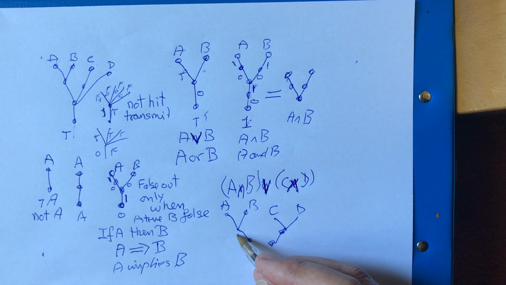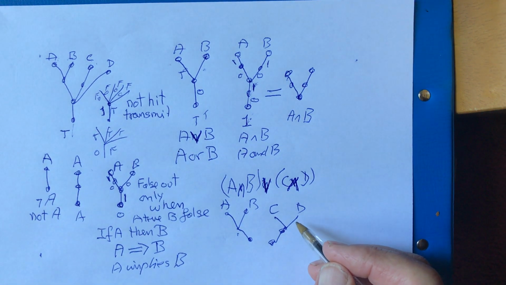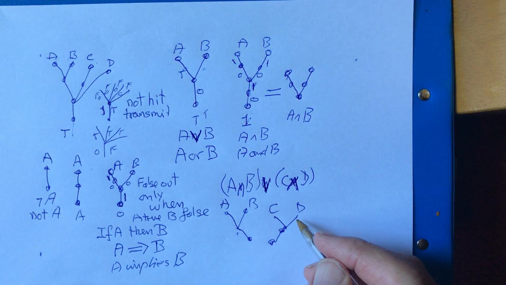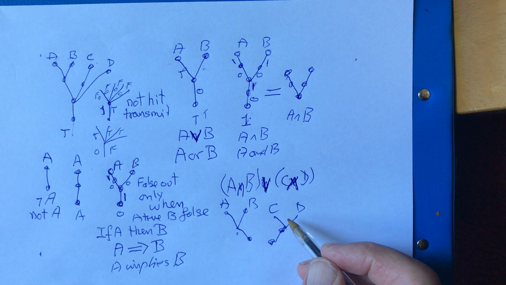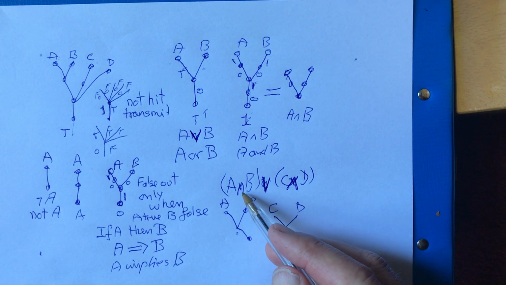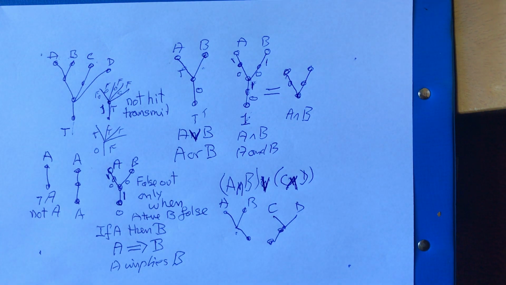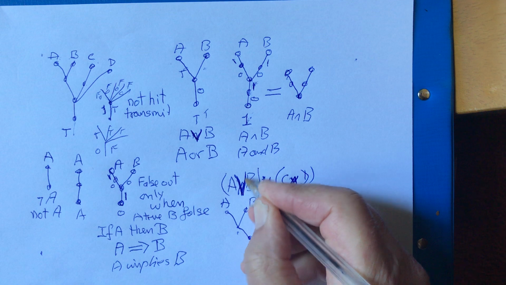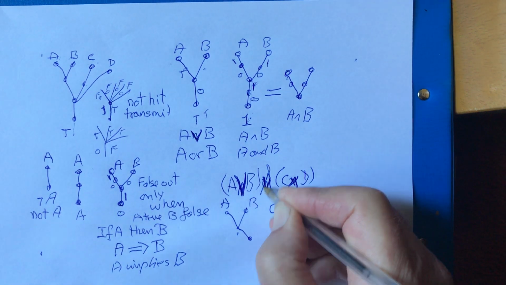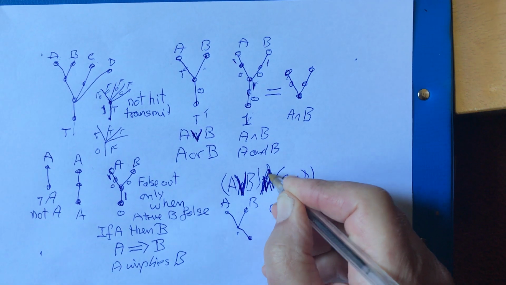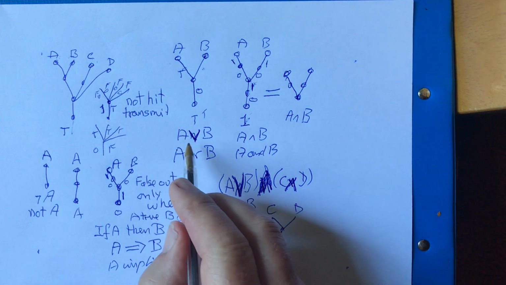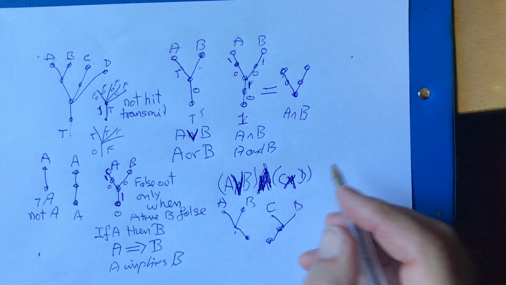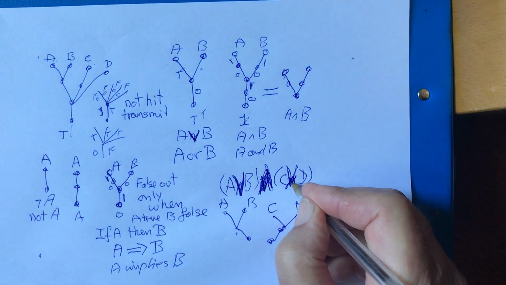So now I want to take this A and B. Well, I was wrong. Got it wrong again. A or B and C or D. I'm going to let you do the other one.